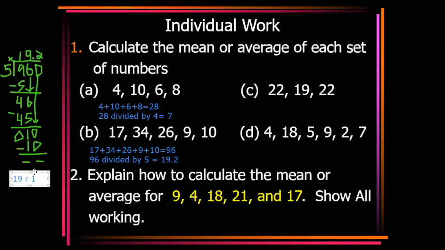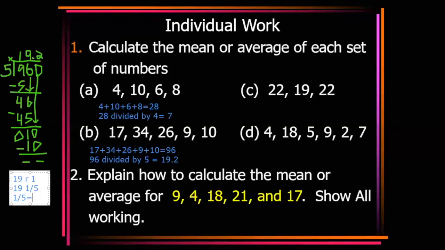If we were to express our answer as a mixed number fraction, we would have had 19 and 1 over 5. But we want a decimal instead of a mixed number fraction. So what decimal is 1 over 5 equivalent to?